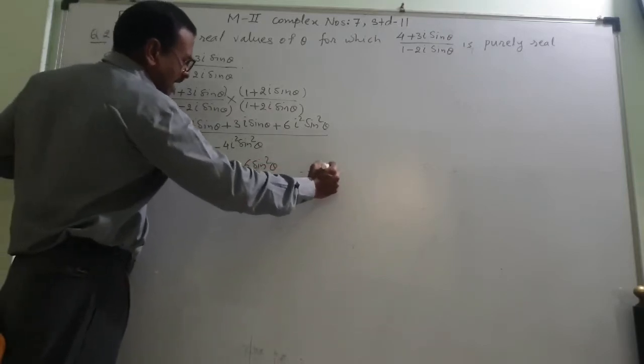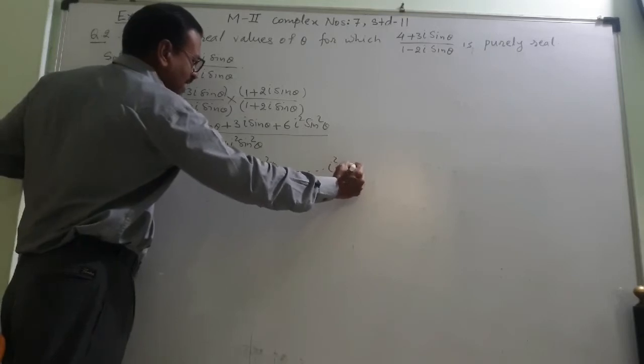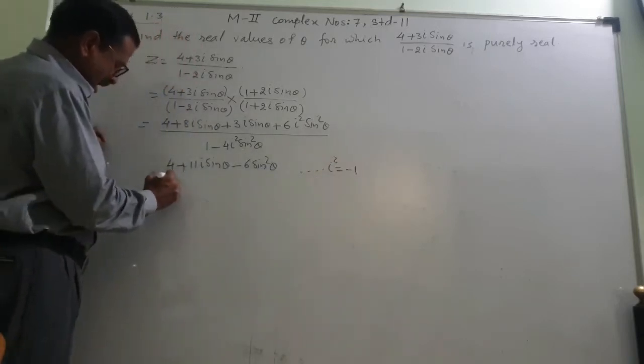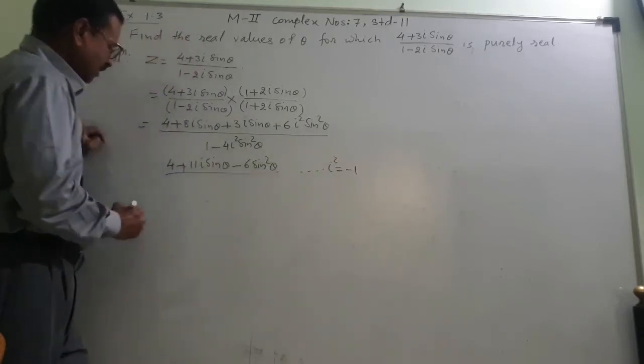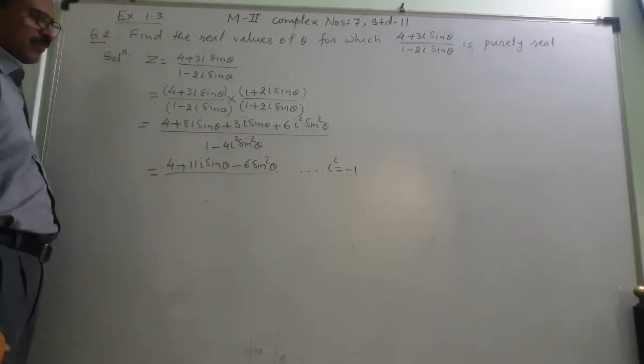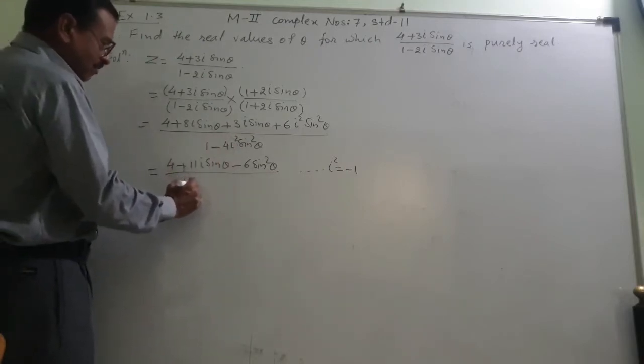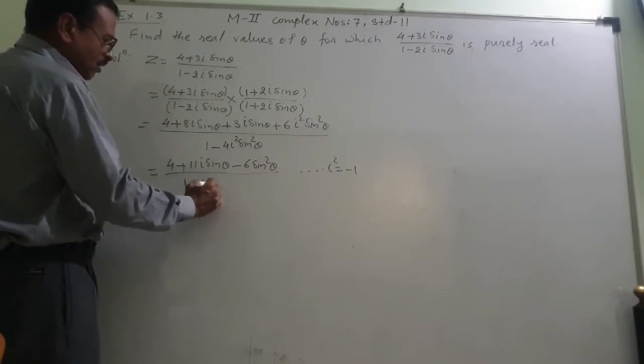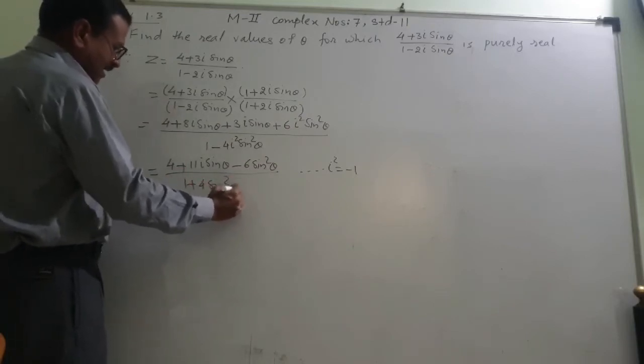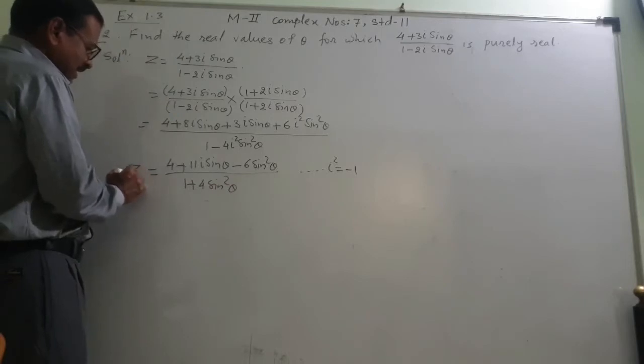What is the reason? i square equals minus 1. Upon, this part is i square means minus 1, so 1 plus 4 sin square theta. This is z equal to.